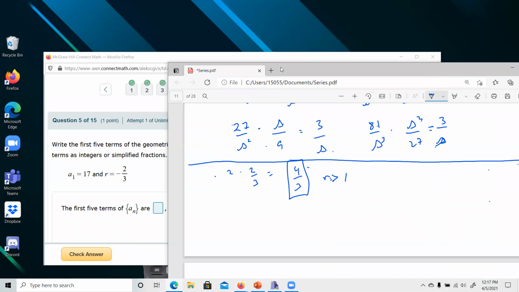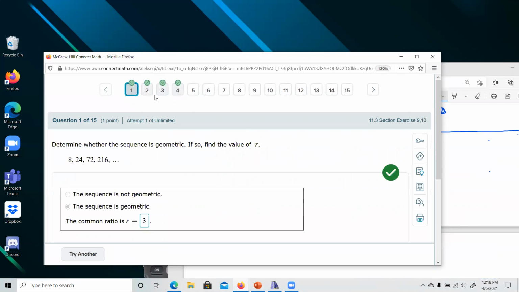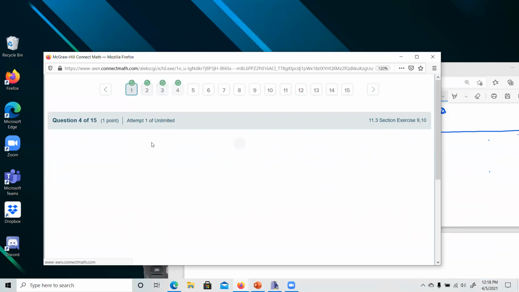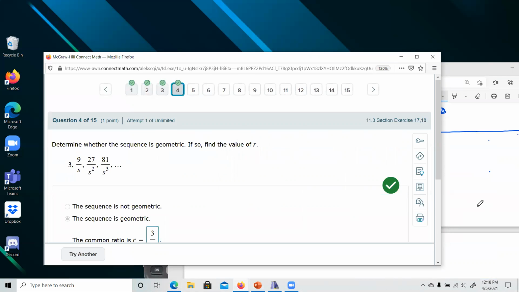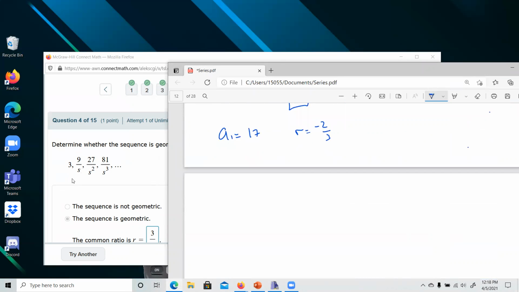So now we have A1 is equal to 17 and R is equal to -2/3. Do they start counting from 0 or from 1? Double check this. No, they don't bring that up until now. Okay, you have to be careful because in the calculus book, it's very important to start counting from 0, right?